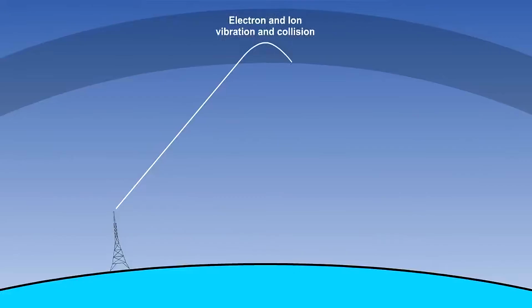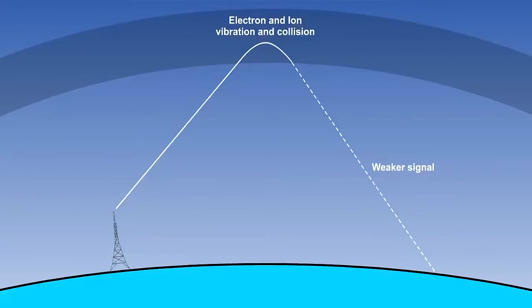This results in the electrons vibrating, which can cause them to collide with other molecules, ions, and electrons. Each collision dissipates a small amount of radio signal strength, as energy is transferred from wave to particle, and the radio wave returning to Earth will have lost some of its strength.